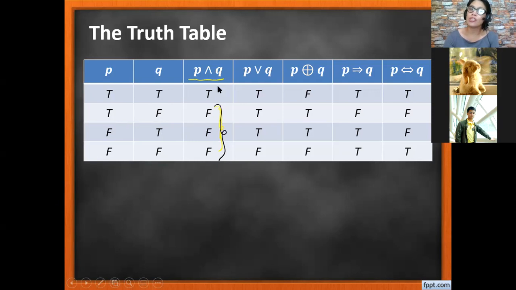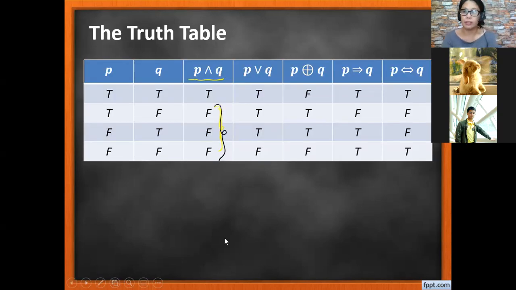So the condition for the connective and to be true is that both statements must be true. Otherwise, that will be considered a false statement. Any questions, guys, with the connective and? I'll just proceed. If you have a question, you just unmute your mic or send a chat.